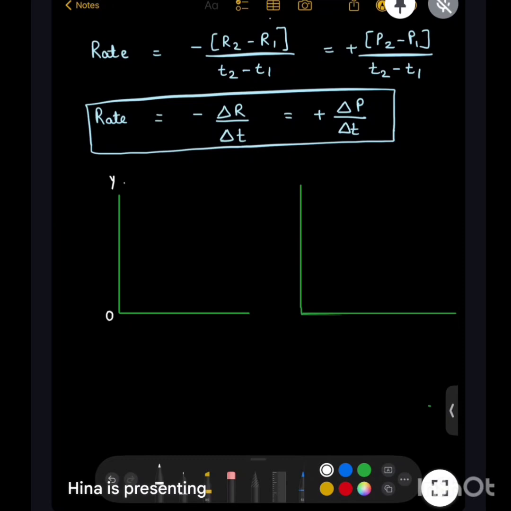We can represent this graphically, with the y-axis and then the x-axis. On the y-axis, we are taking the concentration of the reactant, and on the x-axis, we are taking the change in time.